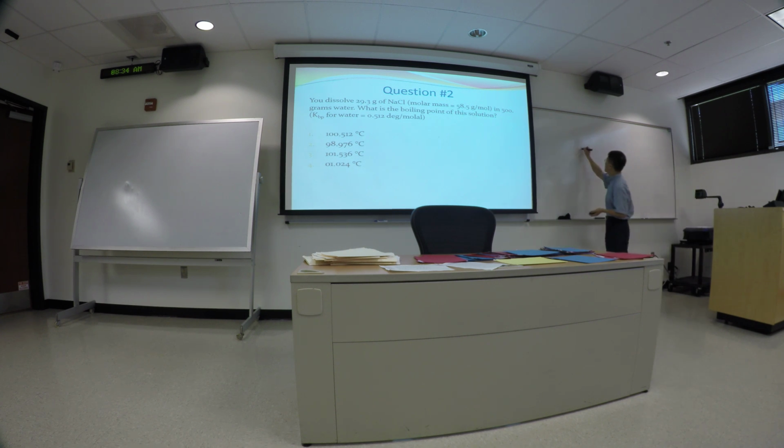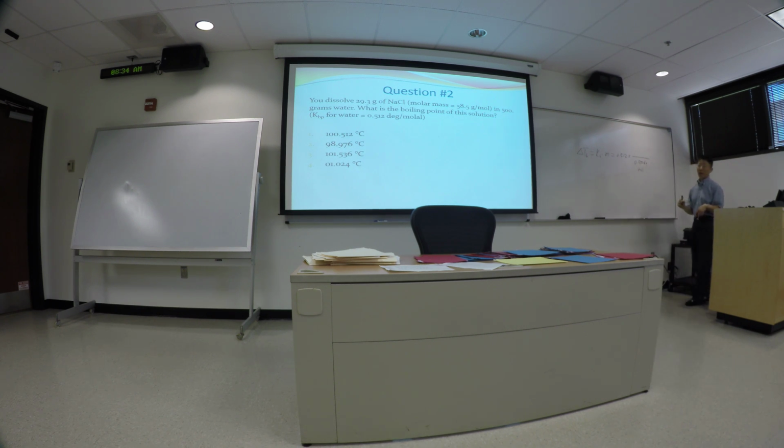So delta Tb, the boiling point temperature change, equals Kb times the molality. Kb is a constant given there, 0.512, times the molality. How do we define molality? Moles of solute per kilogram of solvent. We have 500 grams of water, so that's 0.500 kilograms of water.